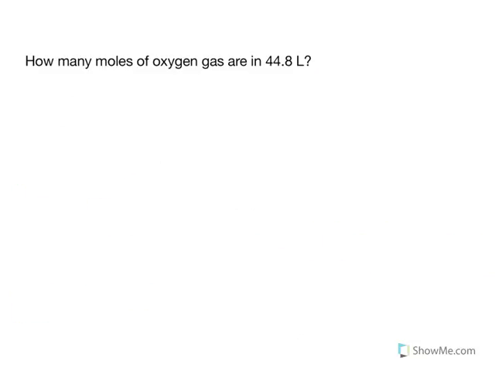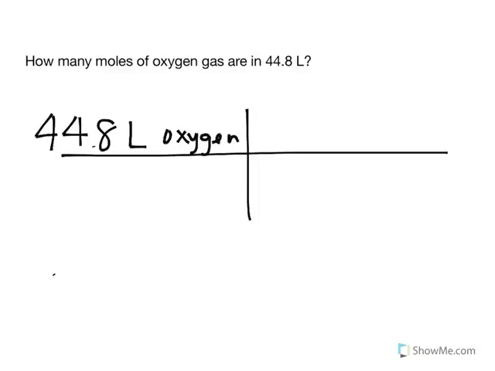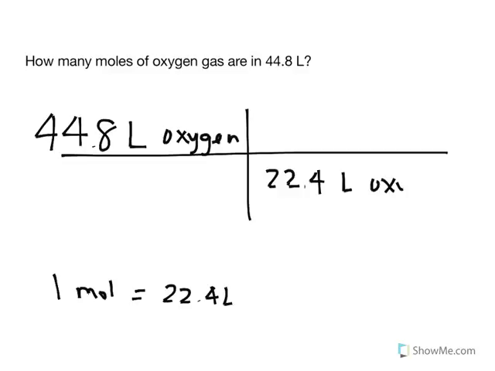So let's do a practice problem. This says how many moles of oxygen gas are in 44.8 liters. So if we write the number and unit we're given, 44.8 liters of oxygen, and we remember our conversion factor that 1 mole of any gas is equal to 22.4 liters of that gas, we can put 22.4 liters of oxygen equals 1 mole of oxygen.